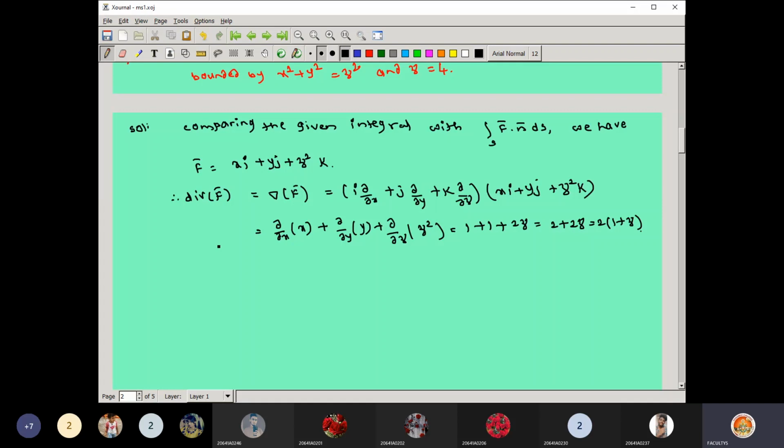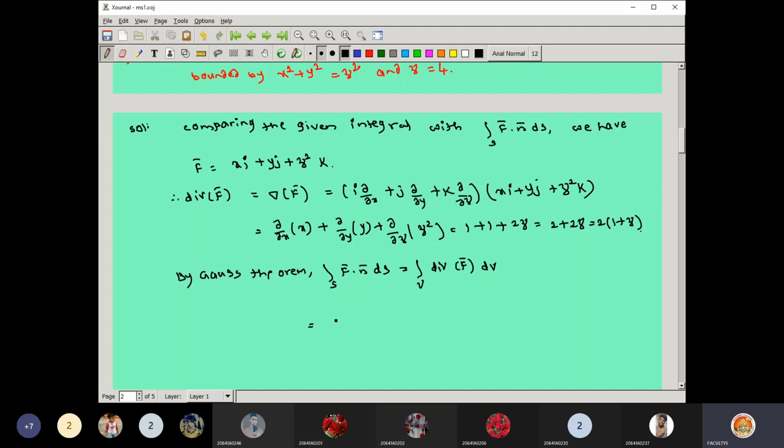Now you apply Gauss theorem directly. By Gauss theorem, the formula is integral over S of f bar dot n bar dS equals integral over V of divergence of f bar dV. Now we need to calculate that integral. Divergence of f bar is not a constant here; it is in terms of a variable.